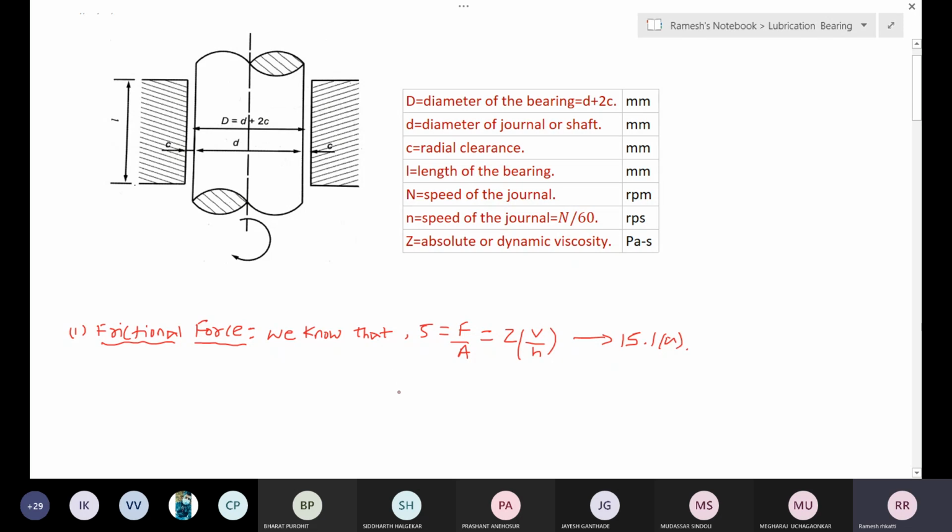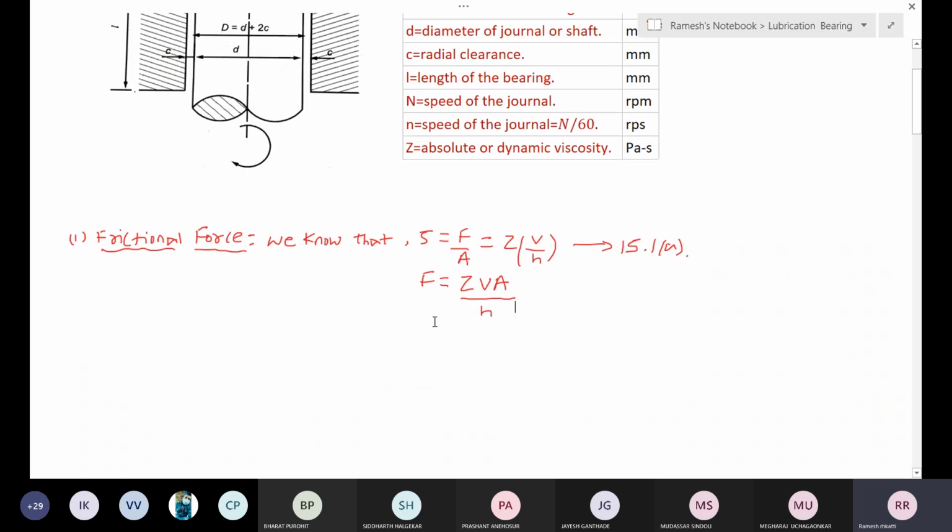Now I can rearrange to get the frictional force. Therefore, frictional force F is equal to Z into V into A divided by H. We know that the velocity V is equal to pi d N by 60, or we can take it as small n, which is in rps.